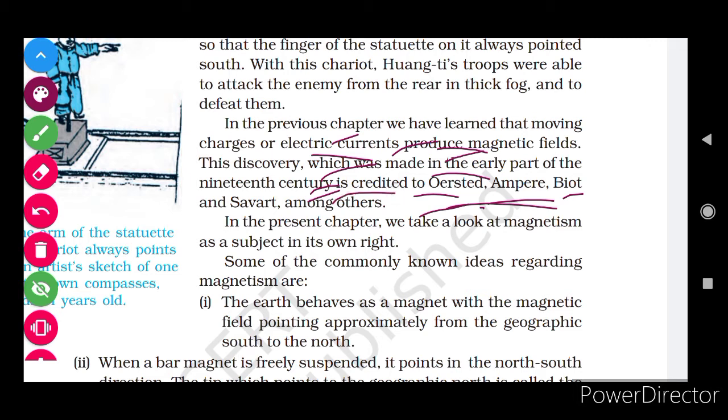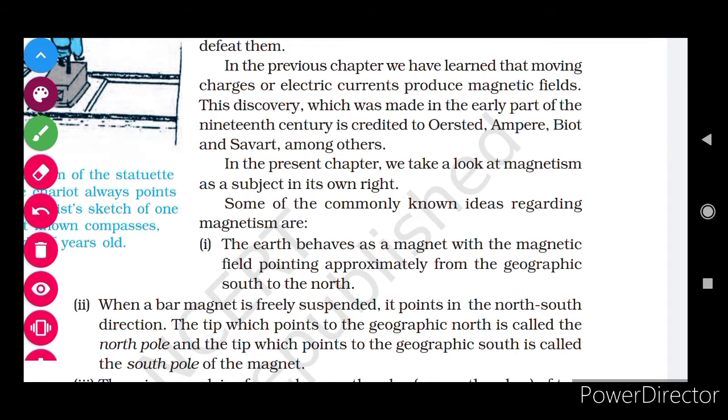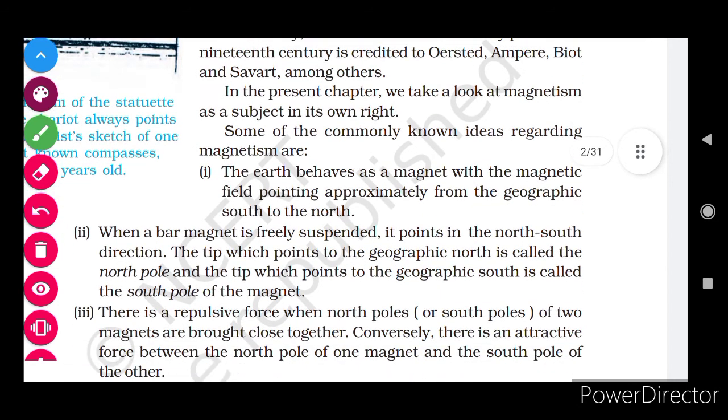In the present chapter we take a look at magnetism as a subject in its own right. So we'll not study it as we did in the previous chapter, as an effect of electric current, but as a separate subject, magnetism. Some of the commonly known ideas regarding magnetism are, and we know all about these things, that the Earth behaves as a magnet with the magnetic field pointing approximately from the geographical south to the north.